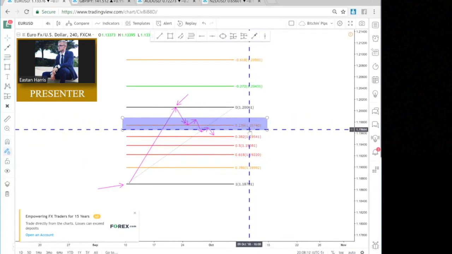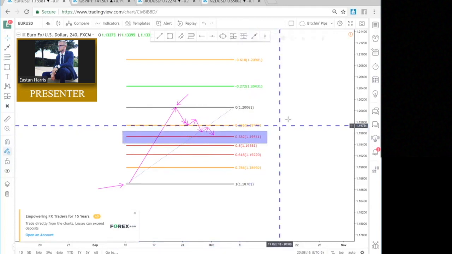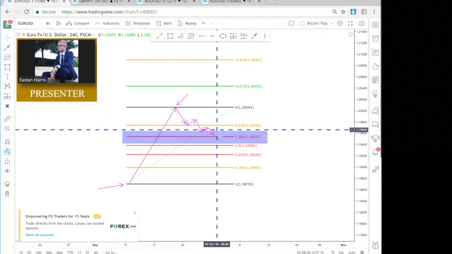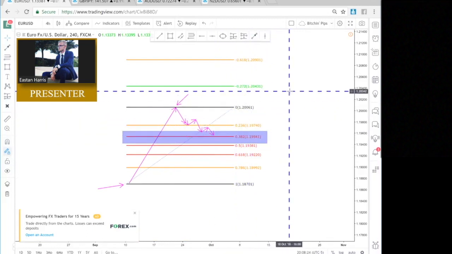All right, now the 38.2, as you can see, is marked in red. And this is the 38.2% pullback. Price likes to react here at the 38.2. Of course, we look for other confluences along with our fib levels. The fib levels are just used for that extra boost of confidence and give us an idea of where price should be headed.